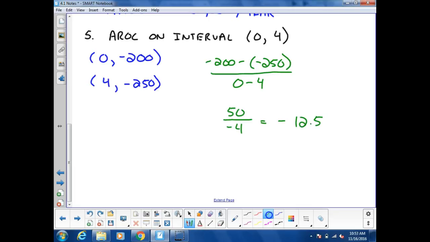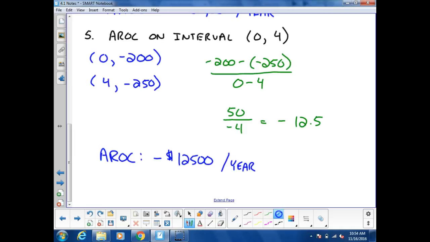So that translates into my AROC being negative 12,500, correct? Dollars per year, right?